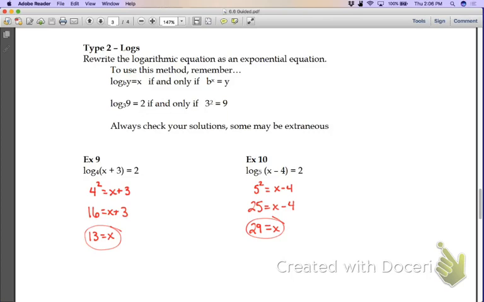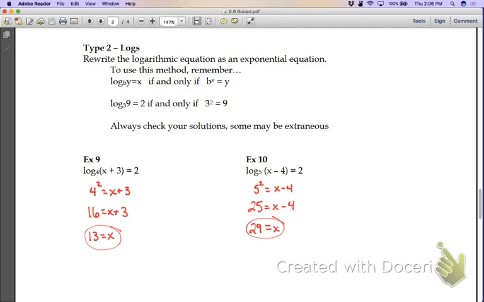The great thing about logs is you've already done this basically when you found your x-intercept. The only thing that was different was that it was set equal to 0 instead of another number. Okay, you've already done this multiple times. You did it in that graphing extravaganza bonanza thing.